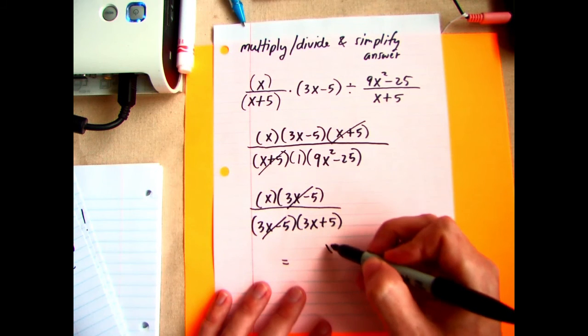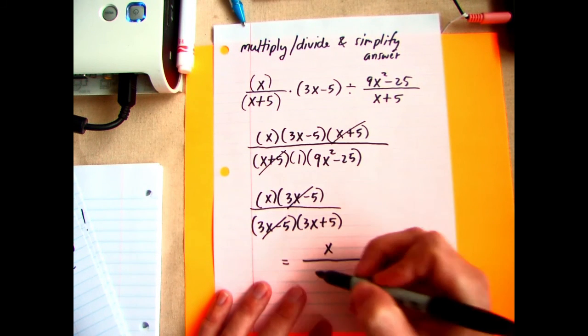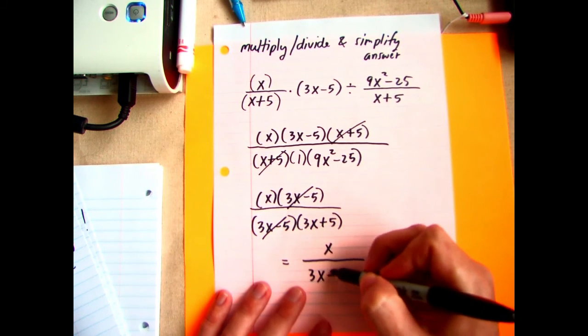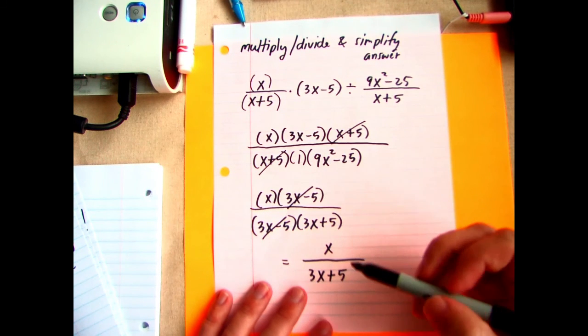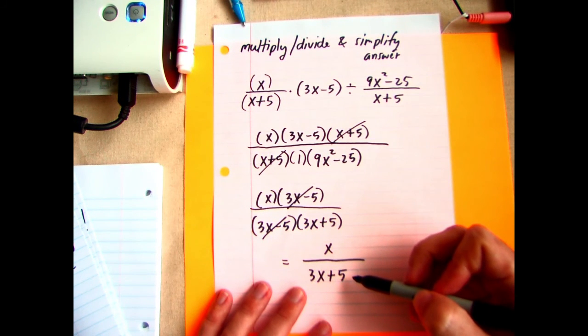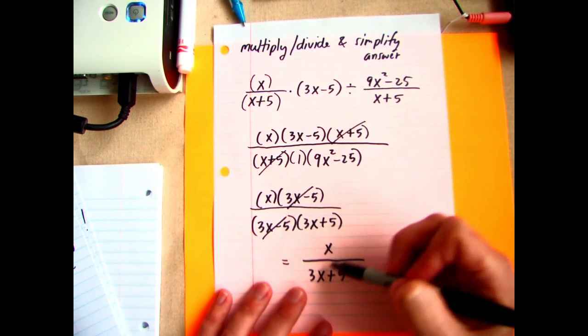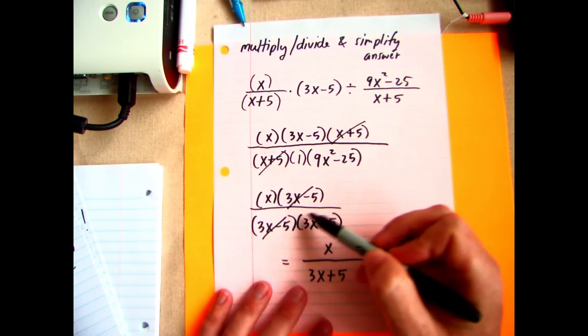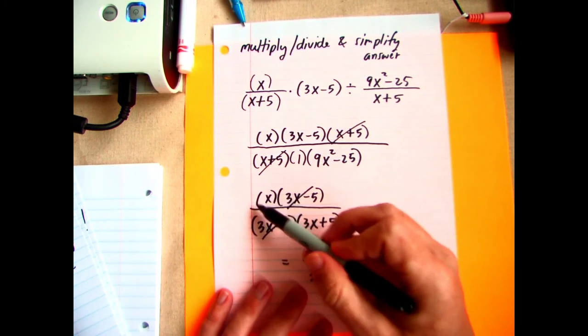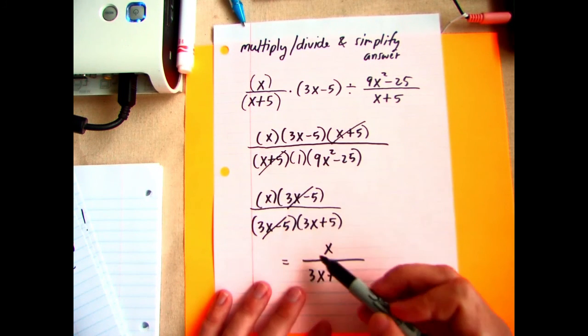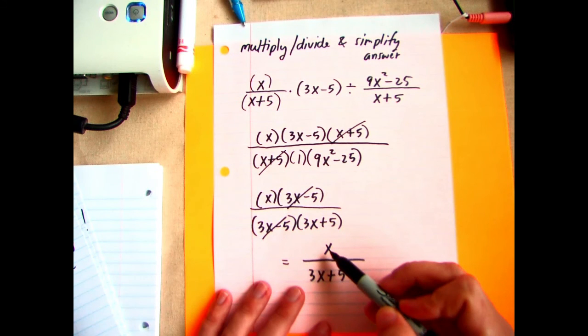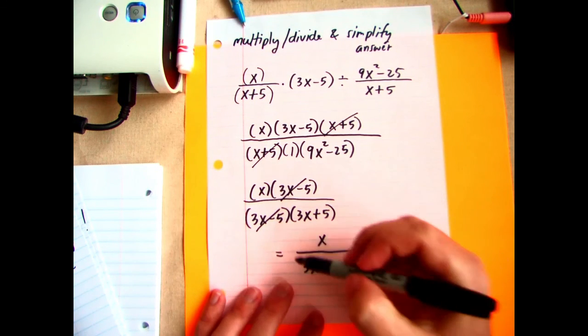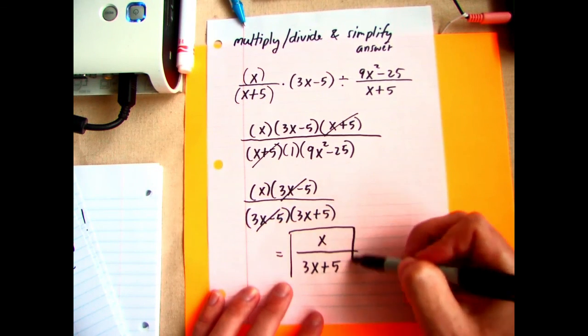So my final simplified answer, x over 3x plus 5. Nothing can cancel. No more bubbles. So that would be the final simplified answer. So we can box that. No more simplifying after this.